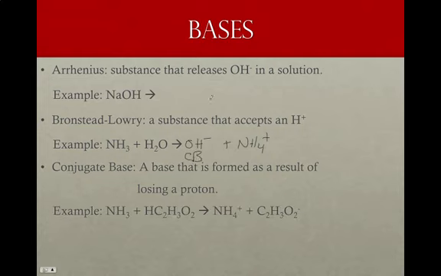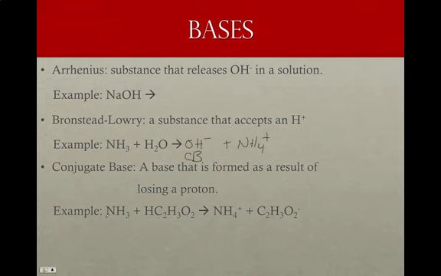So if we look at this example problem here, we're going to identify the acid, the base, the conjugate acid, and the conjugate base. So we have NH3 going to form NH4+, and we have HC2H3O2 going to form C2H3O2-. So the NH3 formed NH4+. That means it gained a proton. So the substance that gains a proton is a base, according to the Bronsted-Lowry definition.